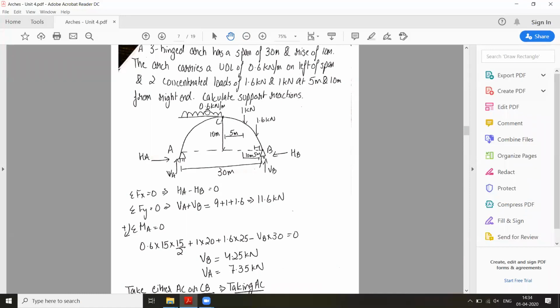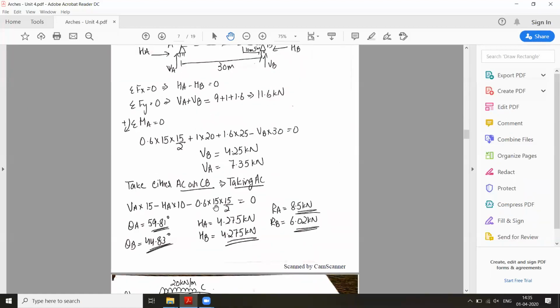So it will be VA into 15 minus HA into 10 minus 0.6 into 15 into 15 by 2. See, VA into 15 minus HA into 10 minus 0.6 into 15 into 15 by 2 equal to 0.